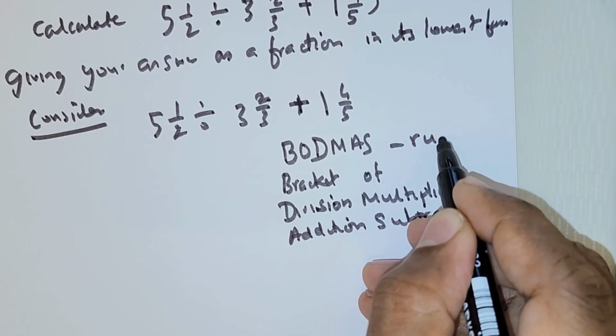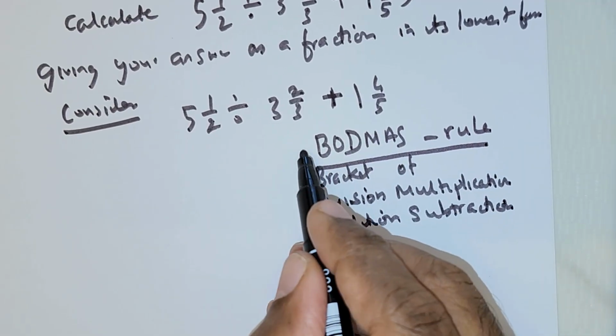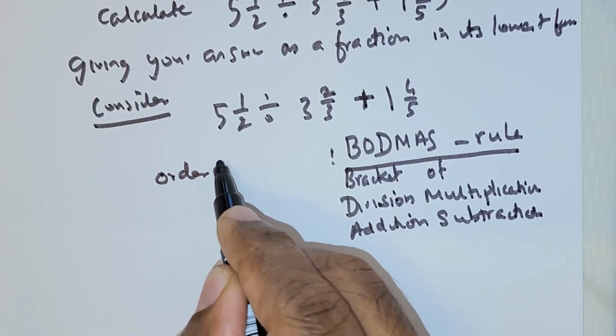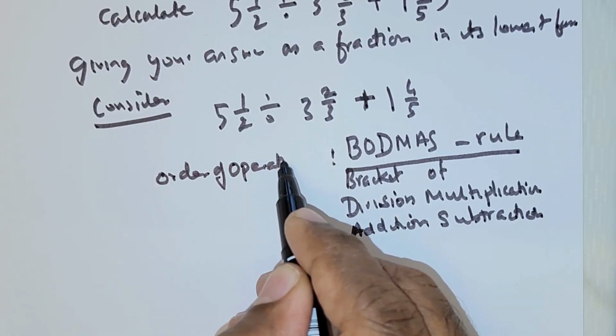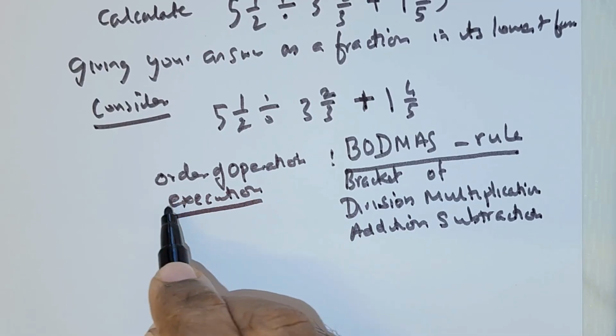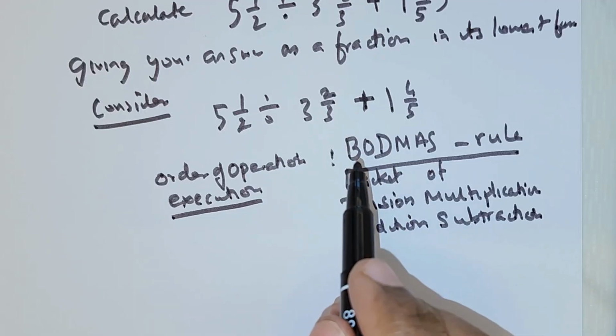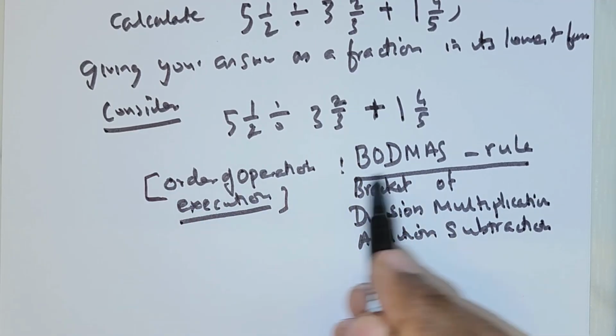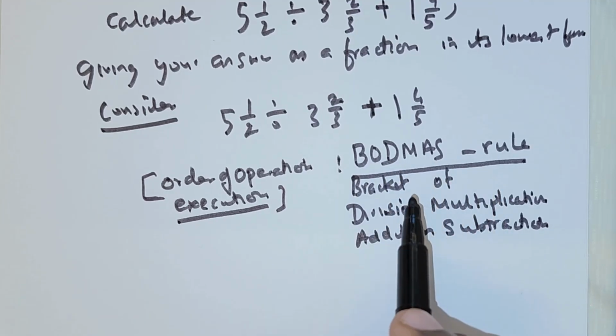This is called the BODMAS rule, and it gives us the order of operation execution. So that is the brief explanation of this rule.